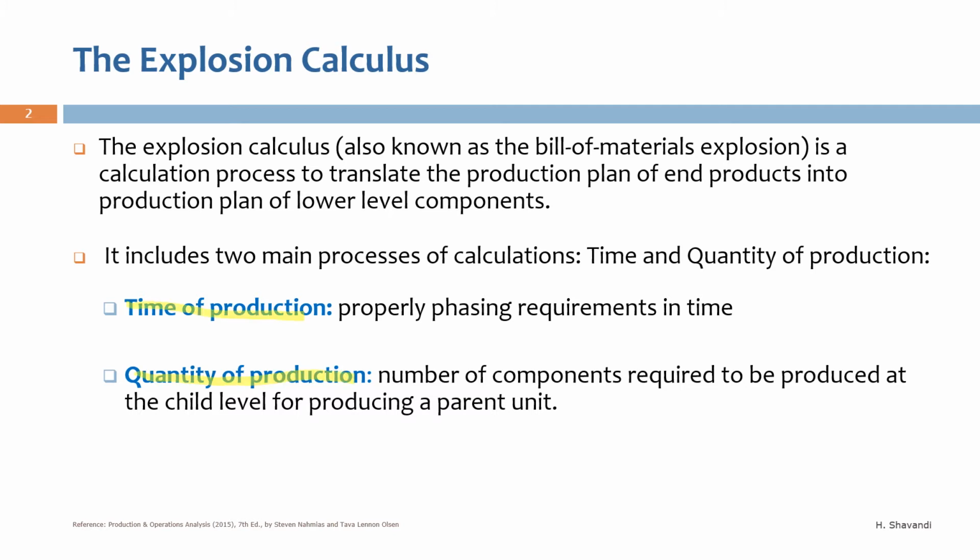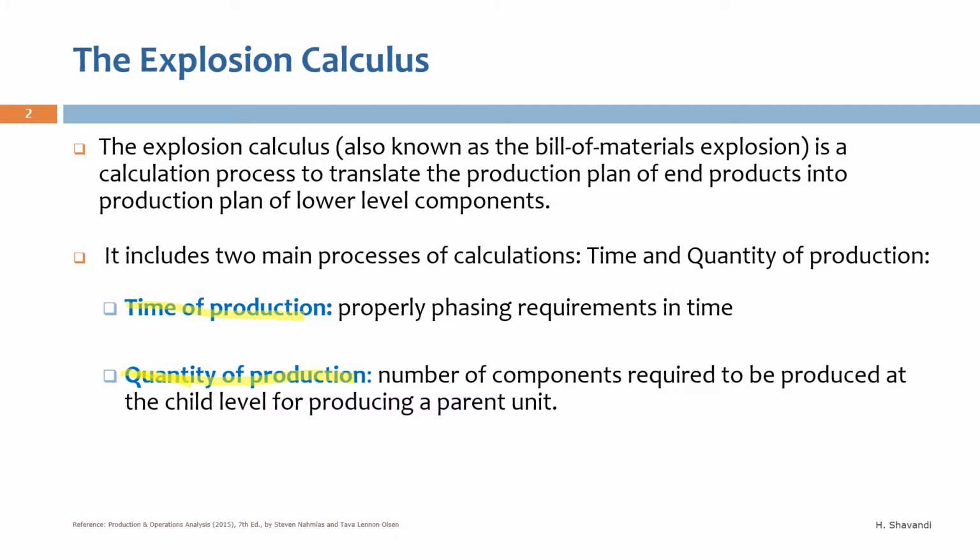In the quantity, we consider the number of each item that we need to have in order to produce one higher level item. Then by considering those numbers, we can calculate how many items we need to produce for each component in any level.